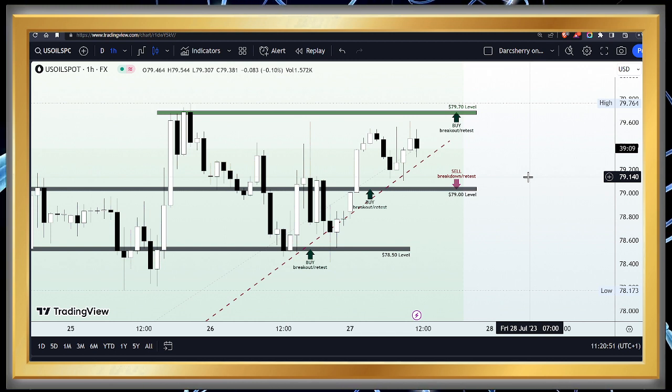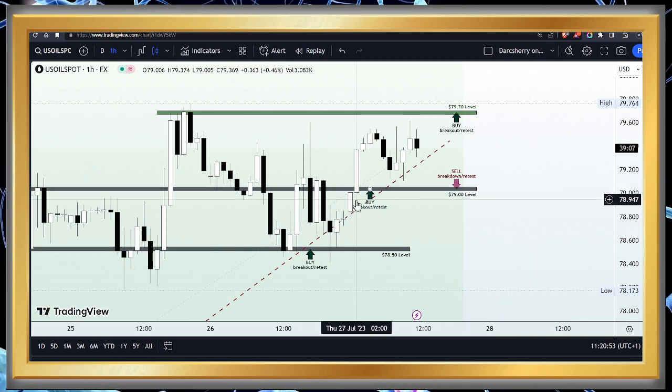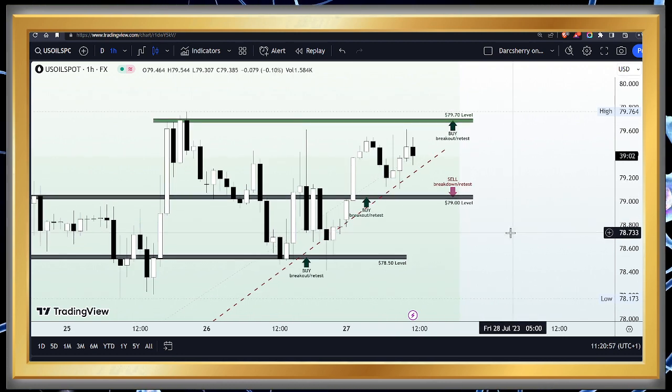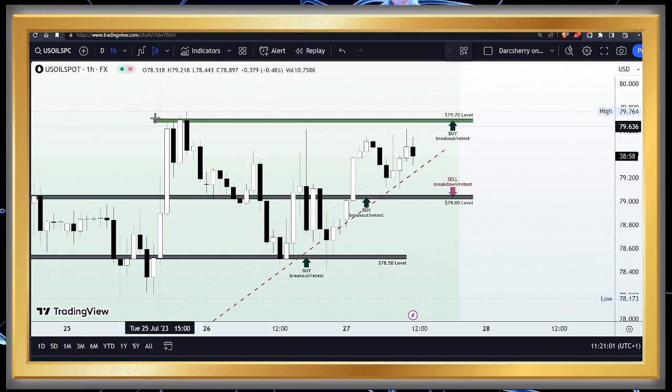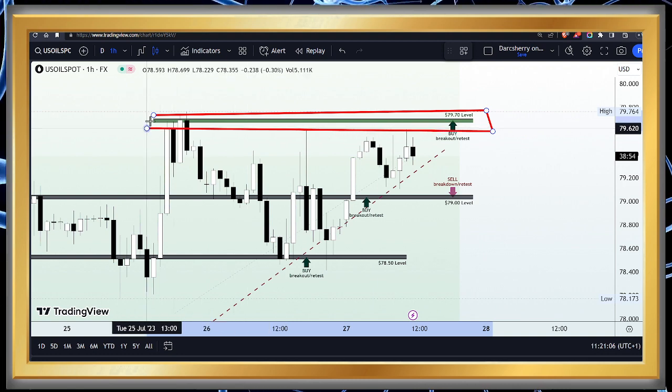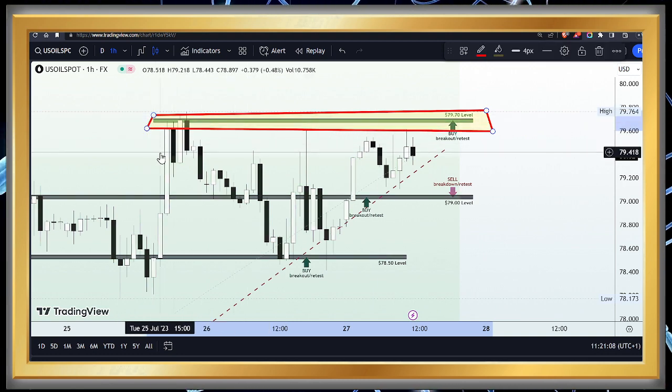Now, with the situation we have here, the question going into the New York session today is: will price action continue to find higher highs, breaking out of that new resistance level at the $79.70 level, which happens to be the highest point price action has gotten to for this week?